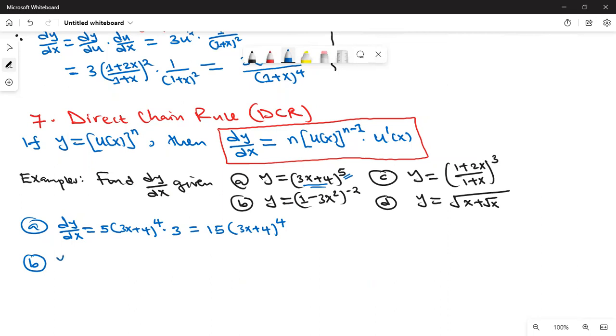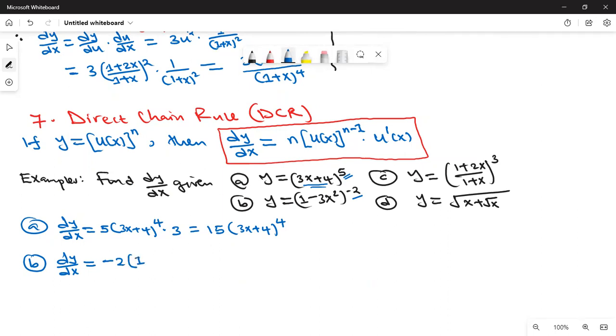What about part B? In part B, we are going to differentiate the power, which is negative 2, so that we now talk of dy over dx is equal to, bring down negative 2, so that the resulting power will be less by 1, so that will be negative 3.